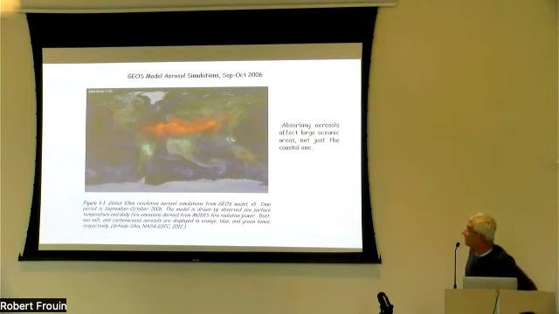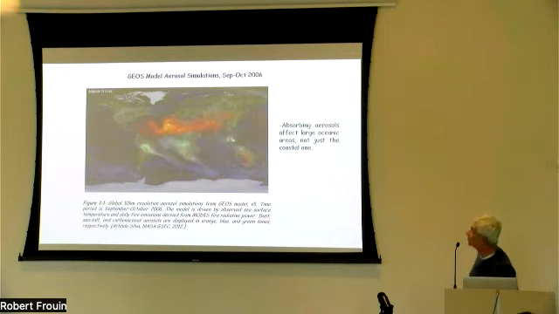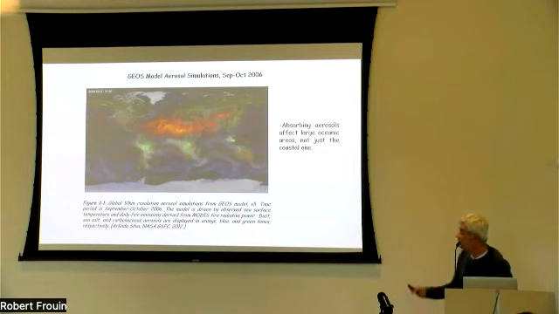And this is a simulation from a global transport model of aerosols over the globe. This covers a period of September to October 2006. In orange, you have dust aerosols, in blue, sea salt aerosols, and in green, you have biomass burning aerosols.